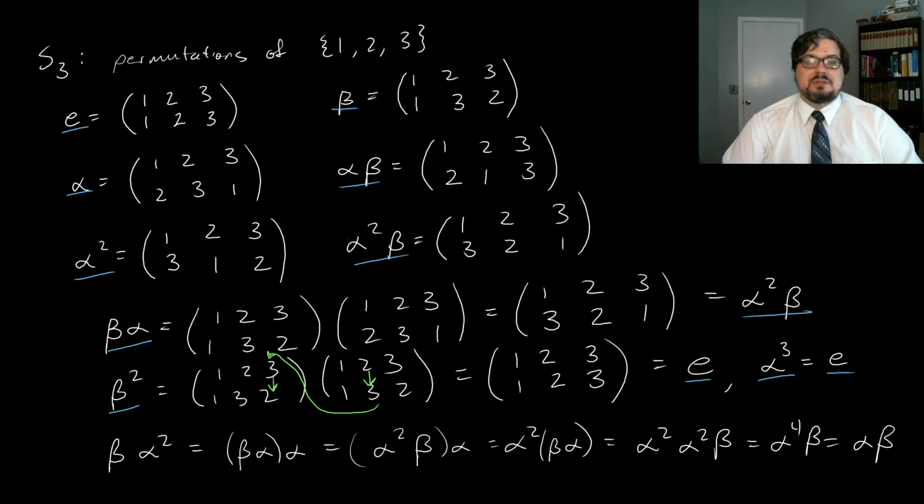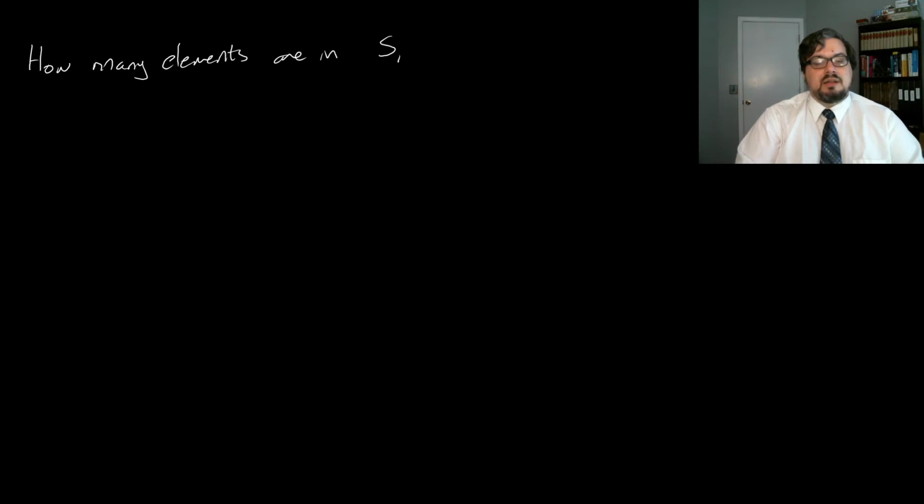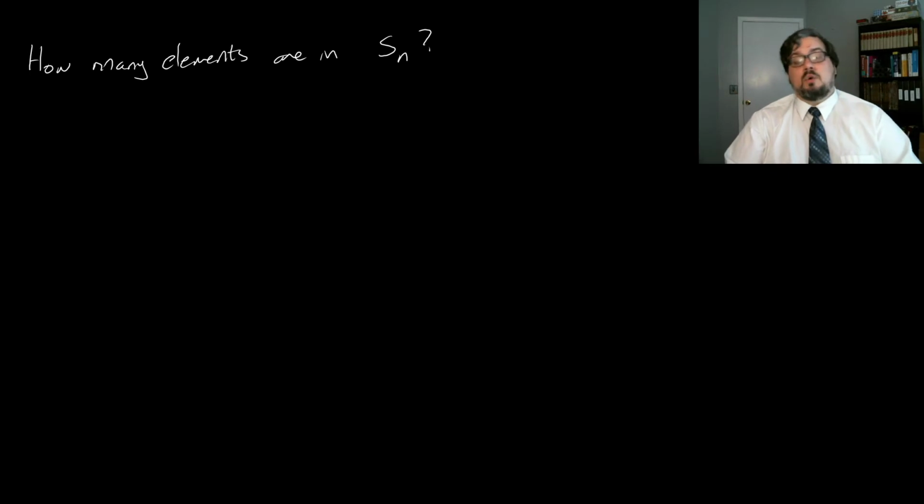Let's think about how many elements there are for Sn with any n. So let's ask the question, how many elements are in Sn? Or in other words, what's the order of Sn as a group?